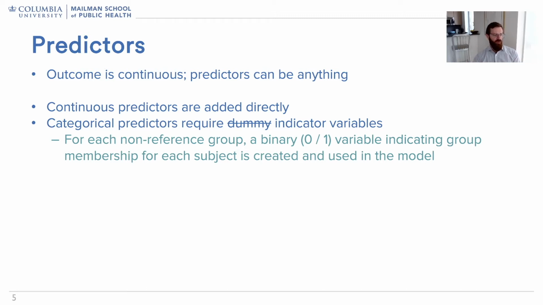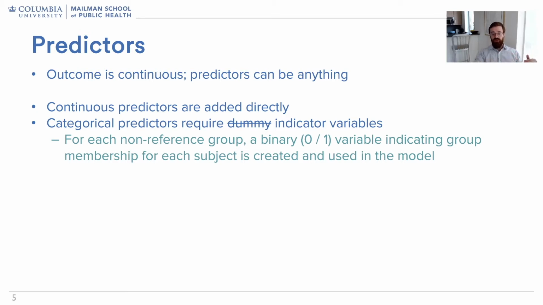Now there is one complication, of course. If you have continuous predictors, you just put continuous predictors into your model. If you have categorical predictors, what you end up constructing are indicator variables. And again, my preferred language is an indicator variable, not a dummy variable. The idea there is that you want something that indicates whether or not an observation is in a particular group. So you would have a reference group for your categorical variable, and then you would say for every non-reference group, is this in non-reference category 1, yes or no?